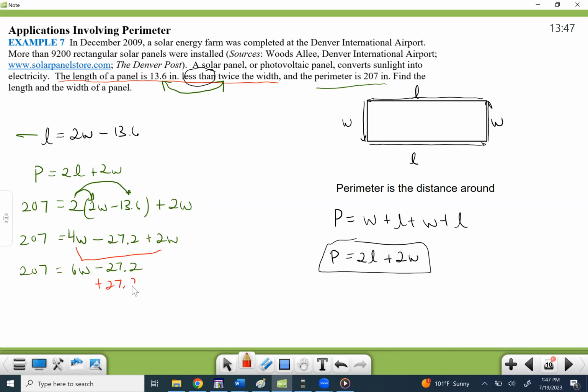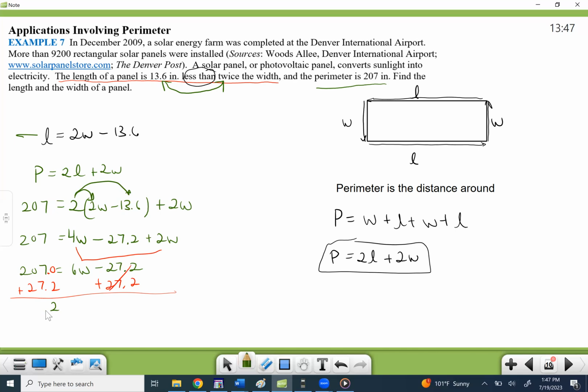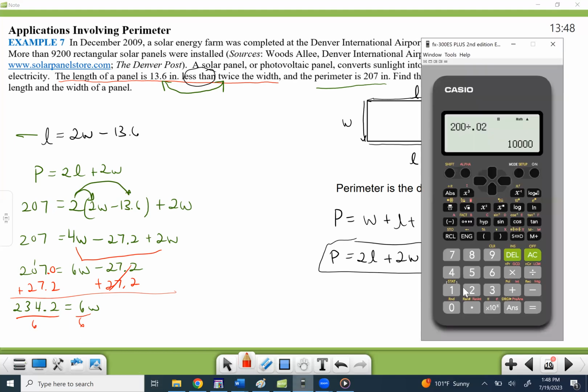So 27.2's got to go. I'm going to add a 0.0 on this guy. So we got 2, 14, carry the 1, 3. There it is. And then divide by 6. Okay, so 234.2 divided by 6.